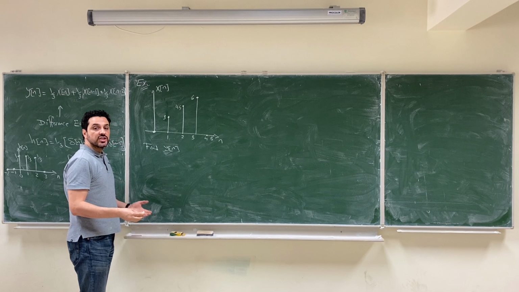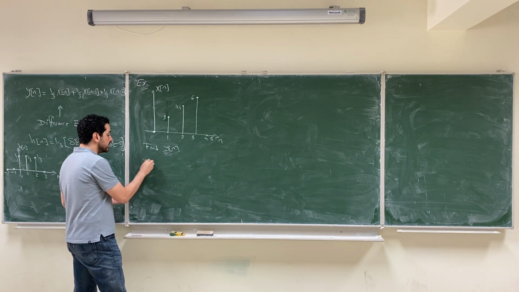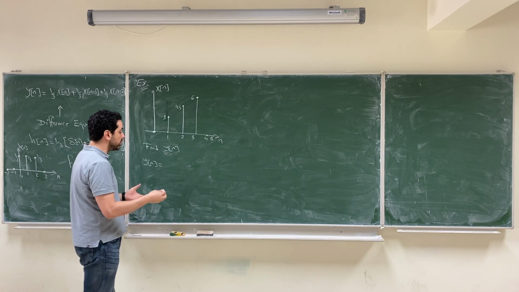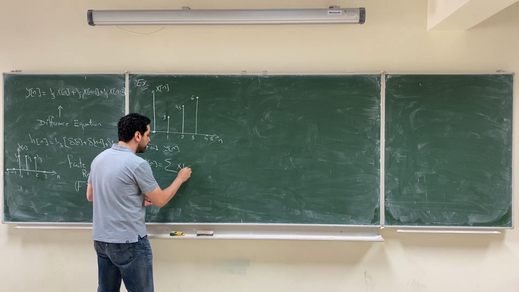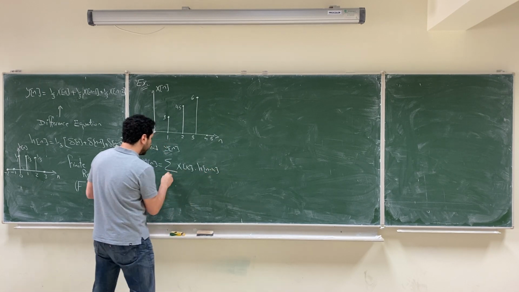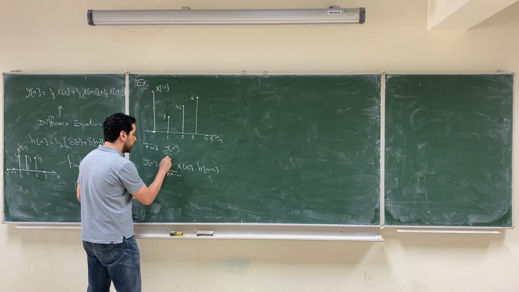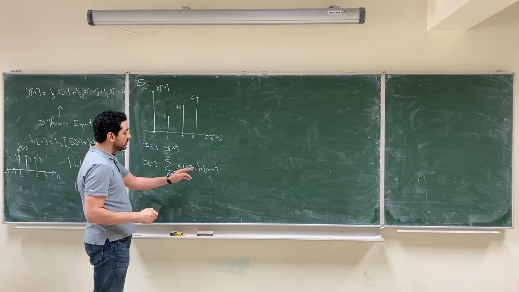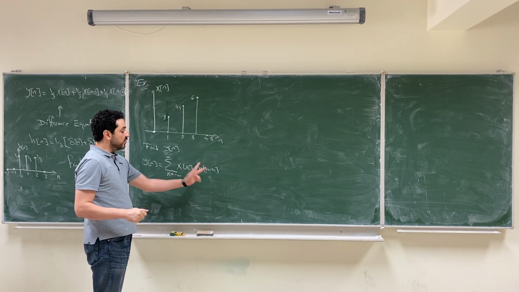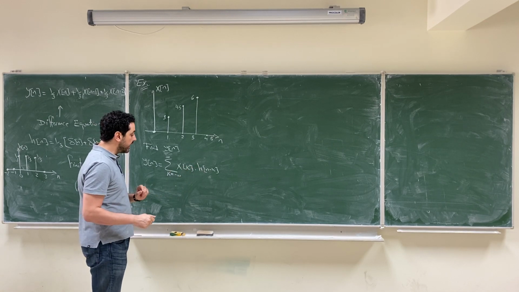We know that the relation between the input, output and the impulse response is the convolution, and we can write the convolution either as the summation of x of k h of n minus k, where you add over k from minus infinity to infinity. Our variable here is k, so you keep one of them as it is, and then you flip the other one and you shift by n.